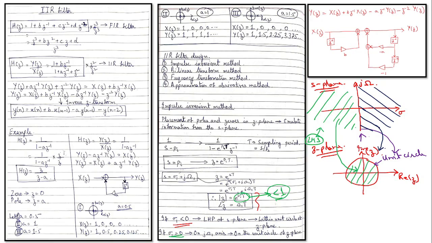And this is an important thing. So all the filters designed by the impulse invariant method are stable if the analog filter which we are emulating is stable. I hope it is clear to you up to this point, right?